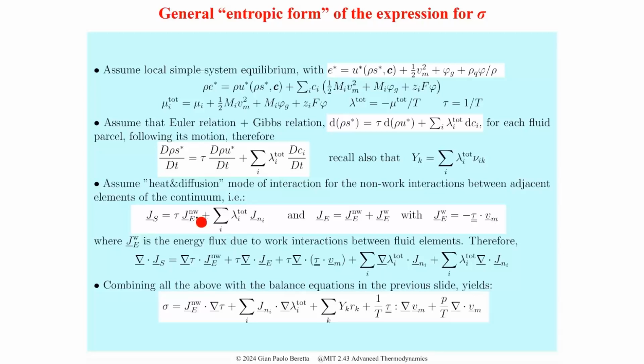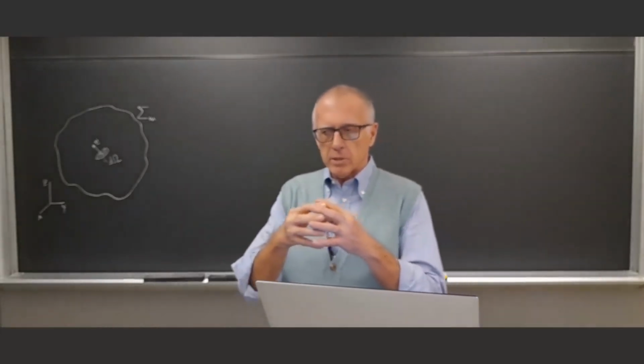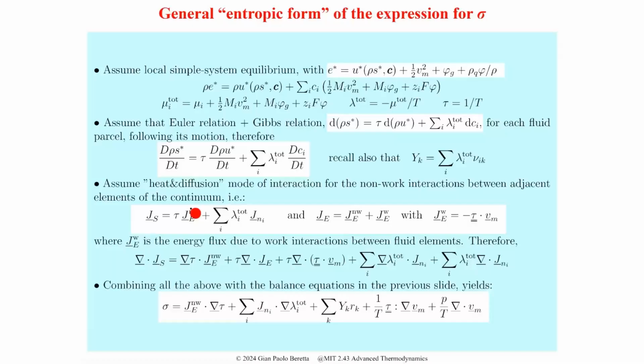That's why I call these NW, non-work. So the non-work component of the transfer between the fluid elements as they move along the path line is related to entropy flux and constituent flux, as in the heat and diffusion mode of interaction. But energy has an additional contribution, which is the work component, given by the stress tensor dotted into the velocity.